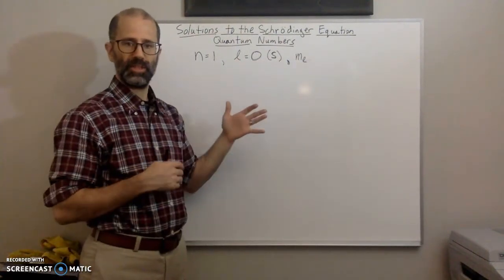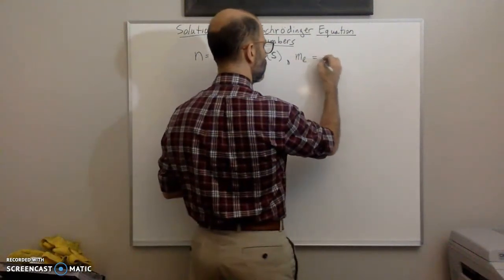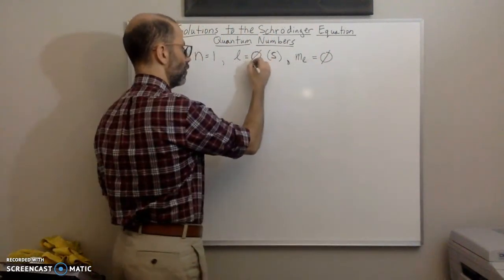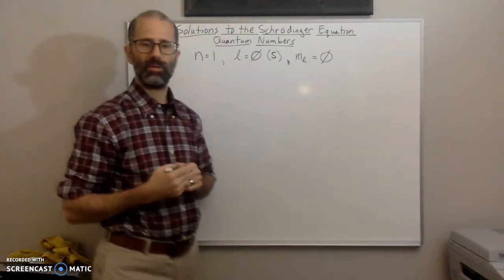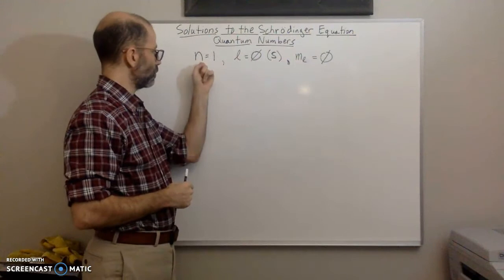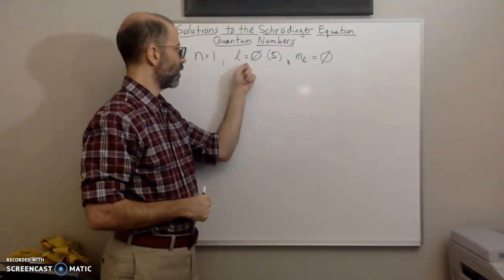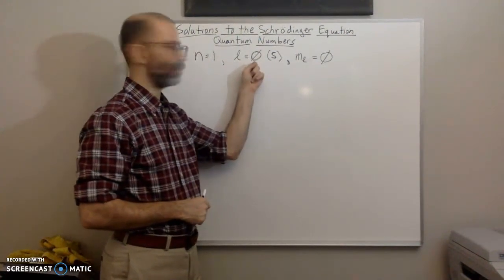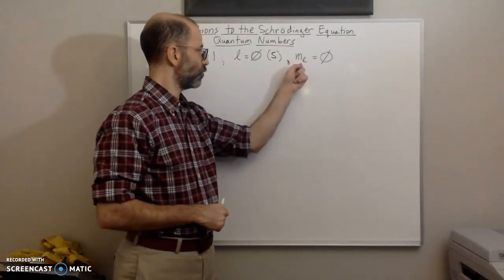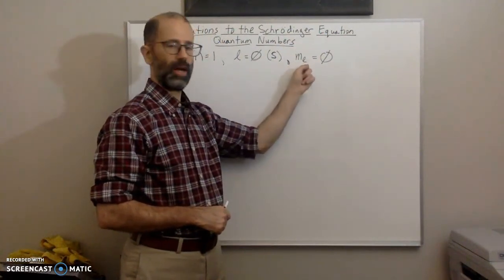Negative 0 and positive 0 is just 0, so you only get one value, called 0. So at principal quantum number 1, you only get one number for your L value, 0, which is labeled S, and from your L value, you only get one number for your m sub L value.